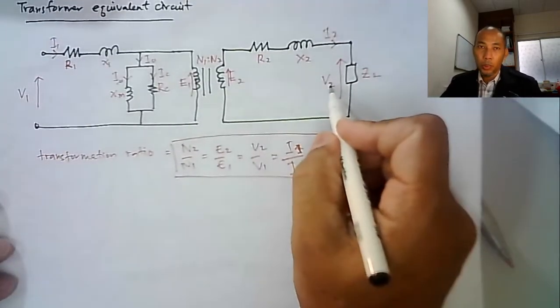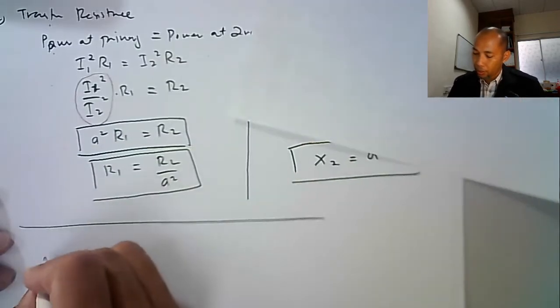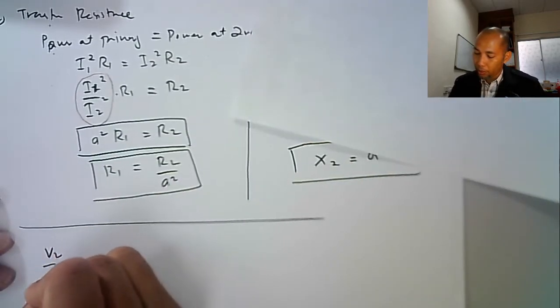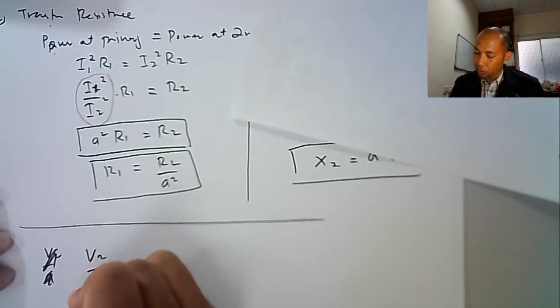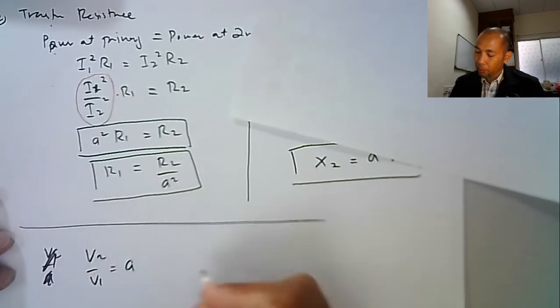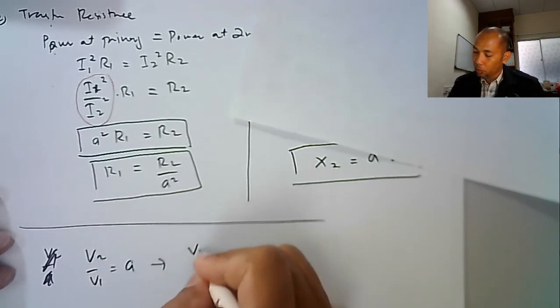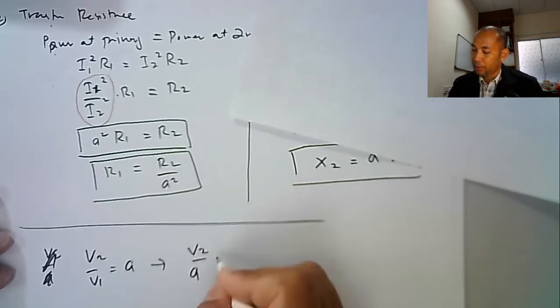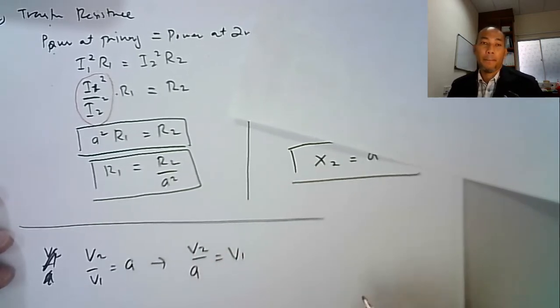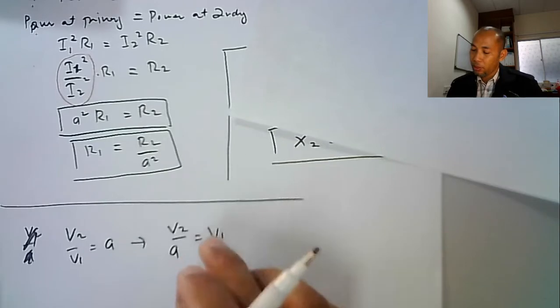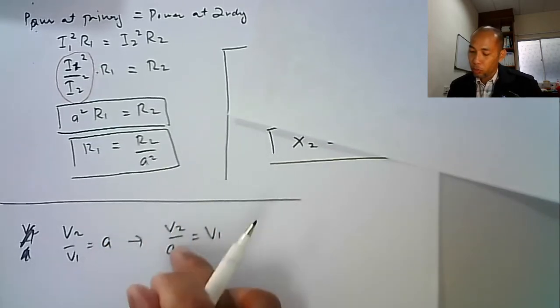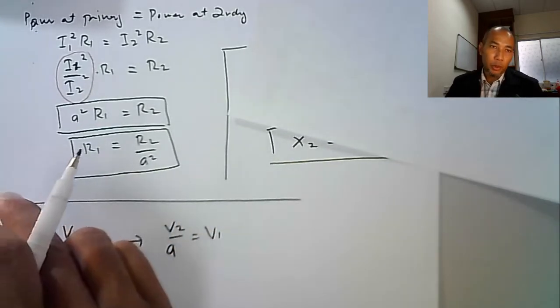For this V2, we know that V2 over V1 equal to A. So V2 divided by A is equal to V1. Okay, this one is we want to transfer V2 from secondary to primary.